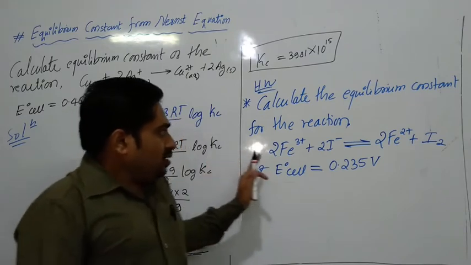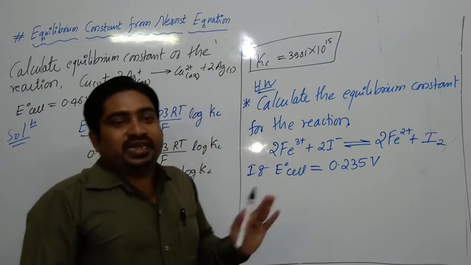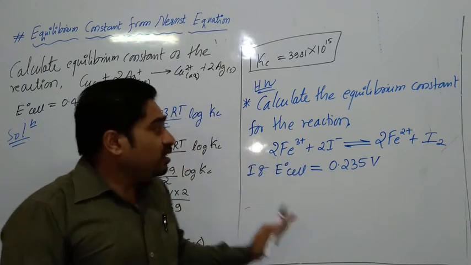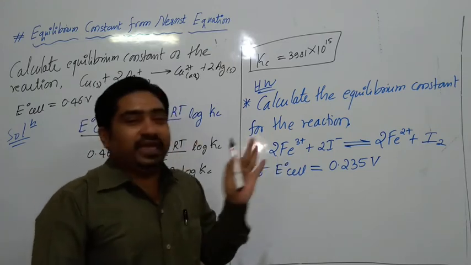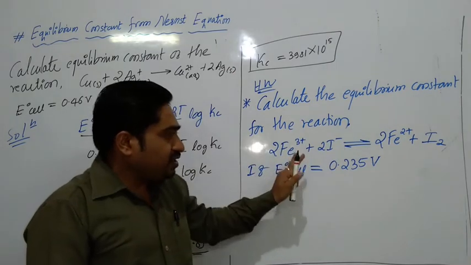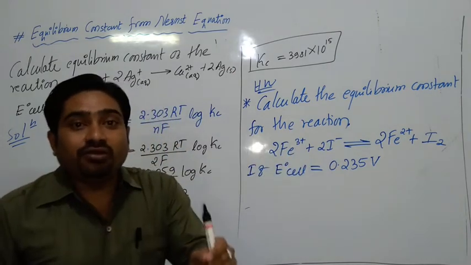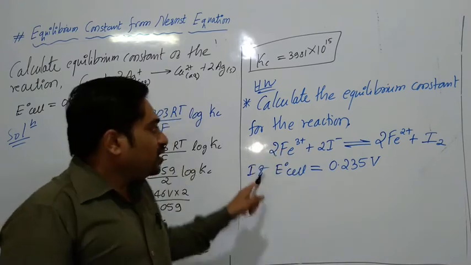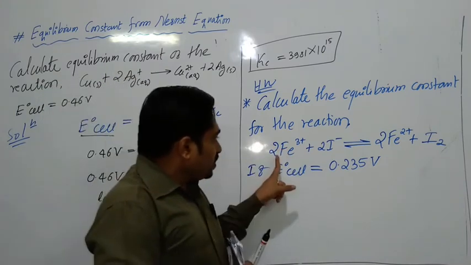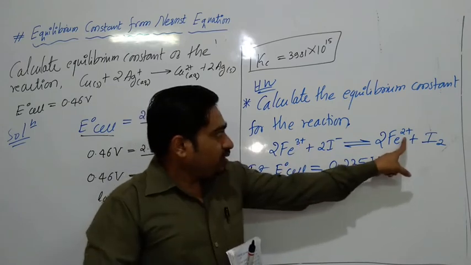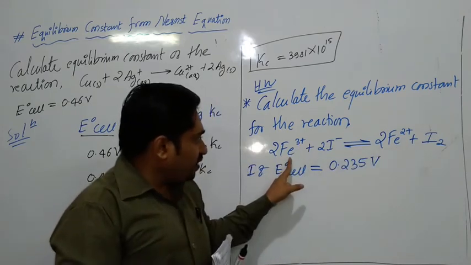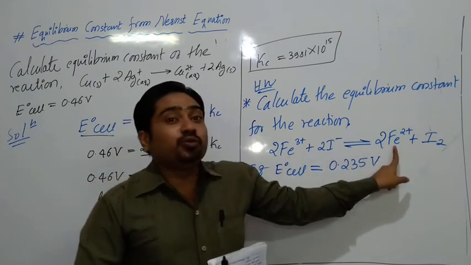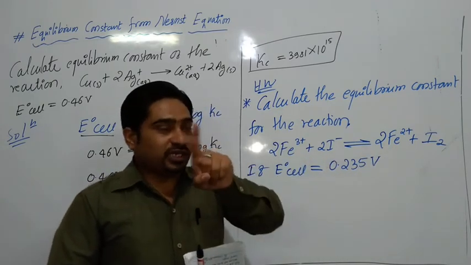See here, for each and every reaction we have to see carefully the value of n. We have to find it in this equation. By the value of n we can calculate the equilibrium constant for this reaction. Here 2 Fe3+ is converted into Fe2+. For one Fe3+ ion, Fe3+ is reduced to give Fe2+, meaning transfer of one electron.